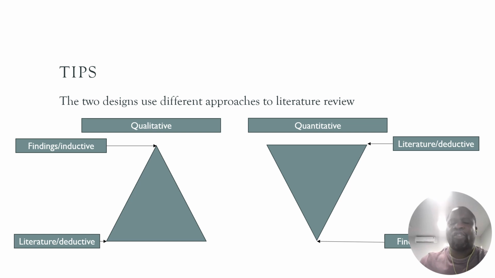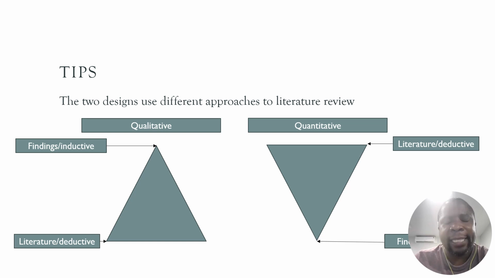I have tried to illustrate here with a diagram. The first diagram that you see is the qualitative diagram, the triangles. I have got two triangles. You're going to see the triangles more in these discussions, because explaining the triangles will actually help you to understand.